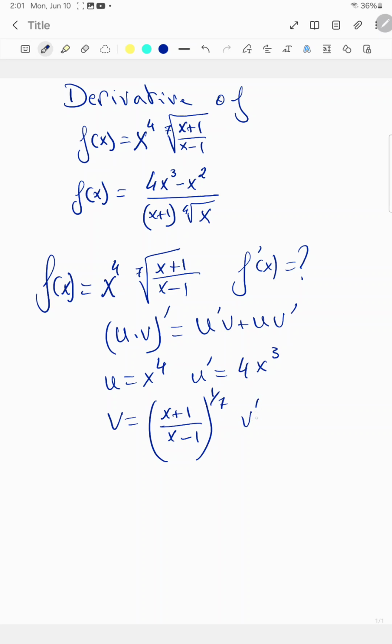So my v prime would be 1 divided by 7, (x plus 1) divided by (x minus 1), to the power of 1 divided by 7 minus 1.